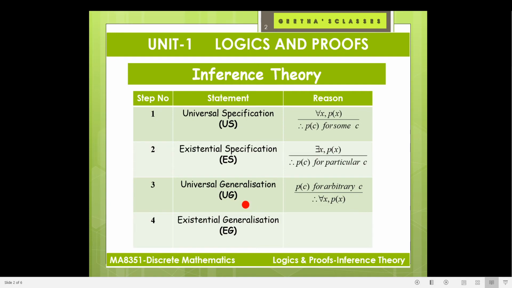That is universal generalization. Next one is existential generalization, EG, the reverse process of existential specification. P of c, for some c, can be written as there exists x P of x. That is existential generalization.